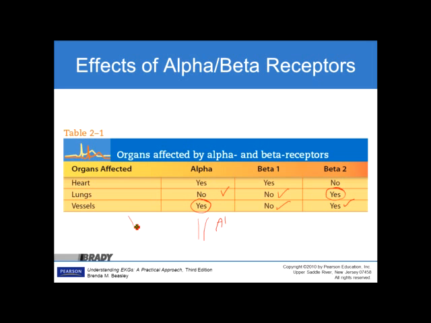If you want the bronchial tubes in the lungs to dilate or become bigger, then beta-2 is going to be the way to go. If you're wanting the heart to beat harder, faster, and stronger, beta-1 is going to be your receptor site.